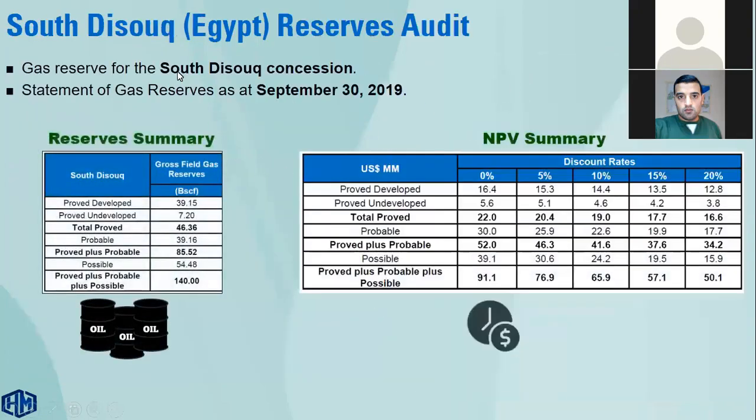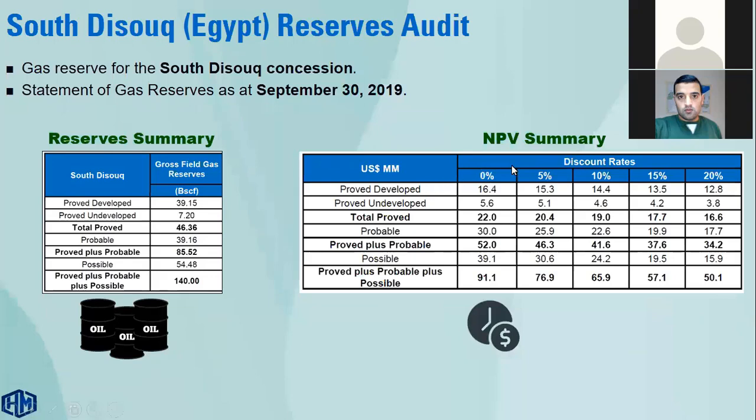This is another example of a reserve audit for a gas field in Egypt. This report is a statement of the gas reserves at September 30, 2019. We have this reserve summary for the gas field. As you can see, we have proved, probable, and possible reserve in values in billion standard cubic feet. And the second part of this report is the net present value summary.